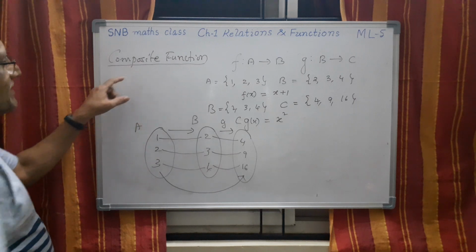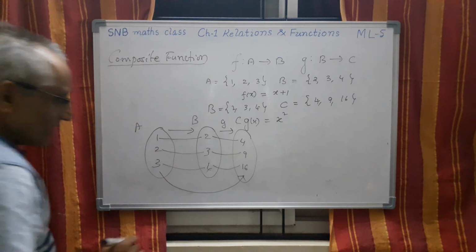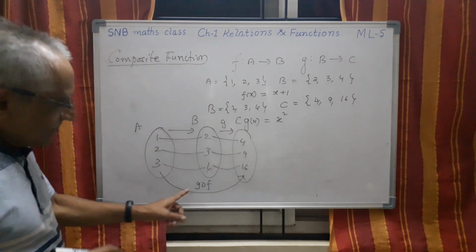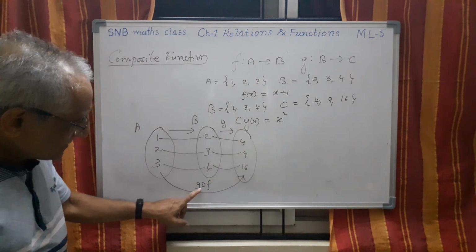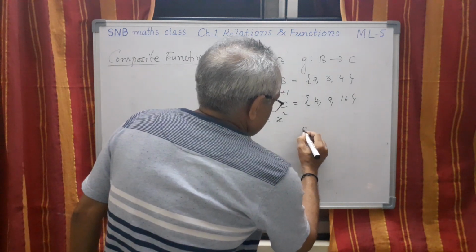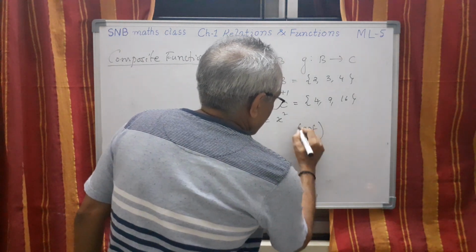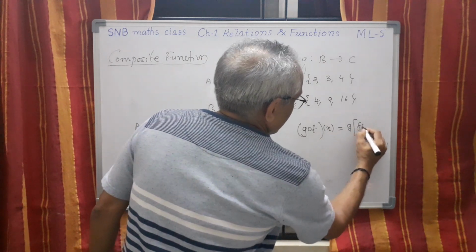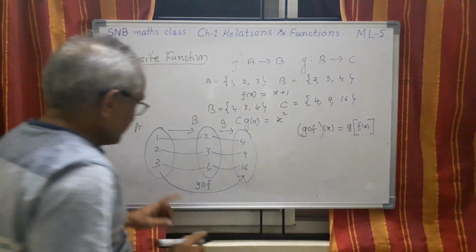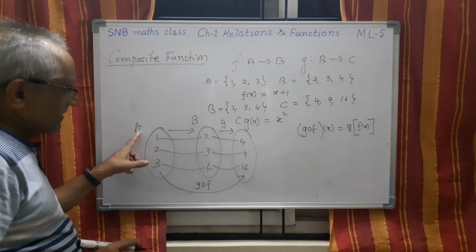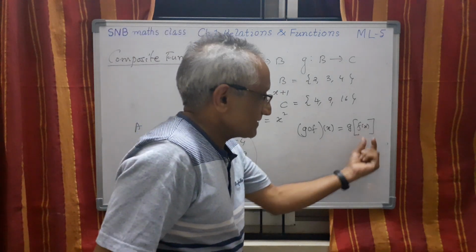That is called the composite function, and it is denoted by g of f. It is in the reverse order. When you are writing here, it is in the reverse order, and we define it like this: g of f of x equal to g of f of x. That means first x is taken to B by the function f from A to B, that is f of x.